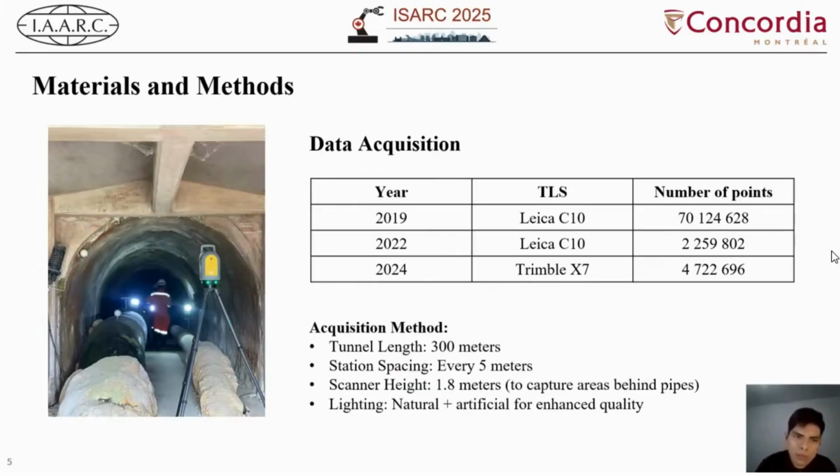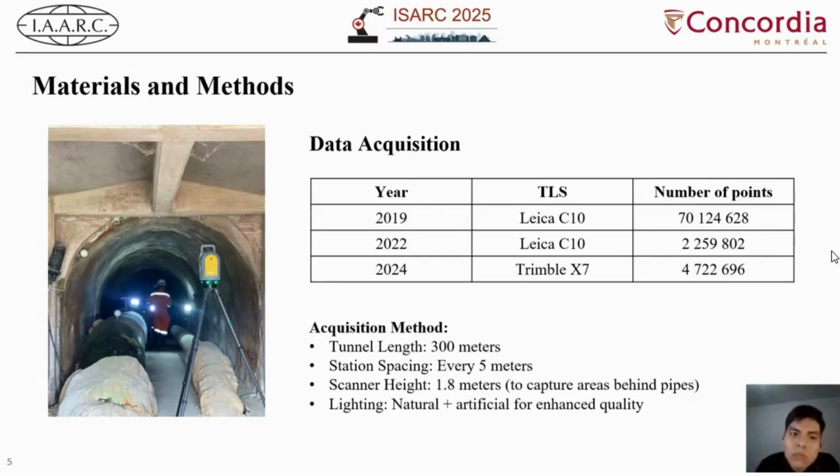Before the data acquisition process, we had to plan how that process would be. We noticed that the tunnel has a length of 300 meters, so we decided that the station spacing would be every 5 meters, to capture as much data as possible.